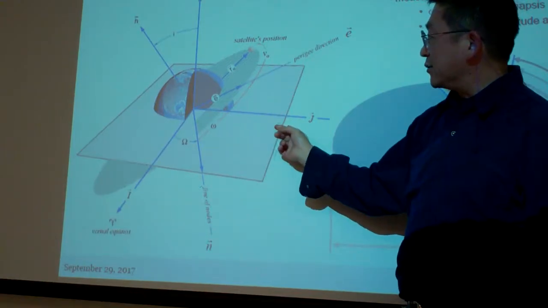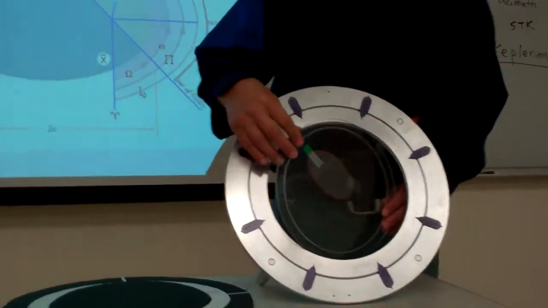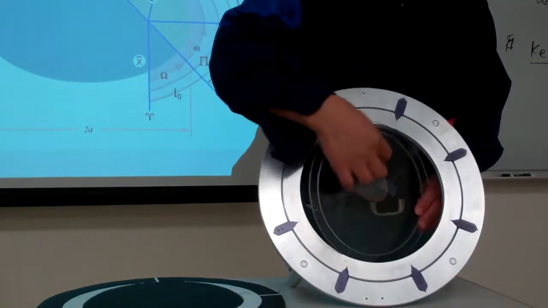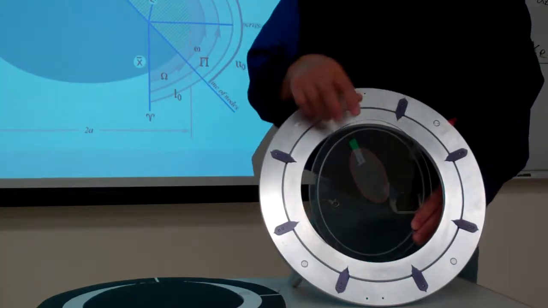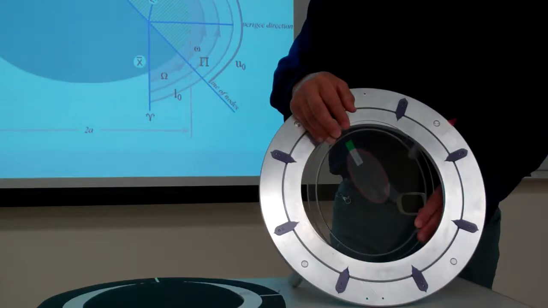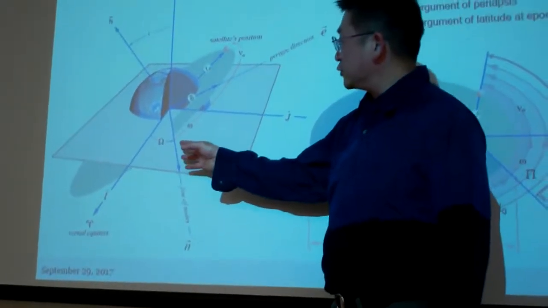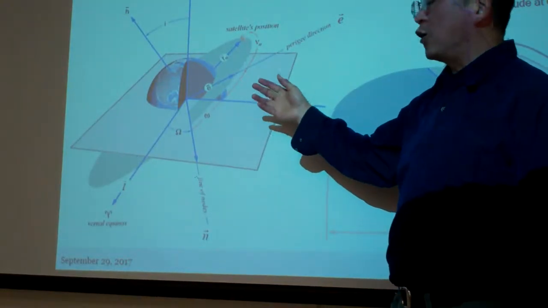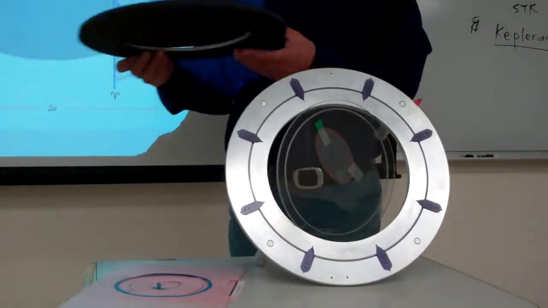The equatorial plane is our I-Z plane, and we have this line representing the intersection. You can see this one is fixed, and this line is called the line of nodes. The line of nodes is the collection of points that are the intersection between the equatorial plane and the orbital plane.